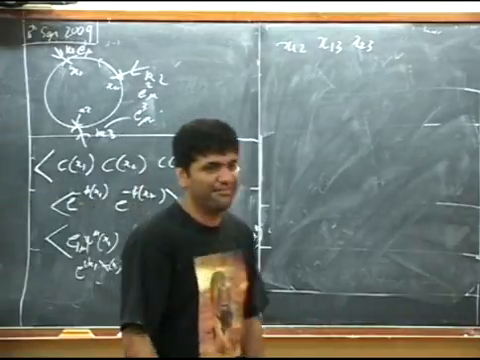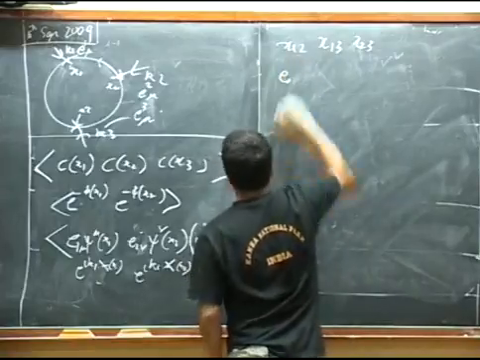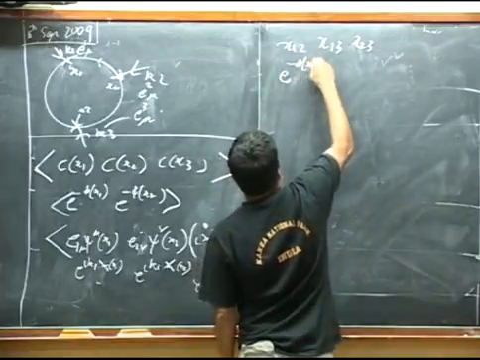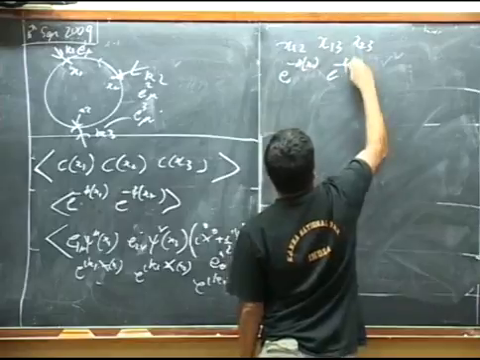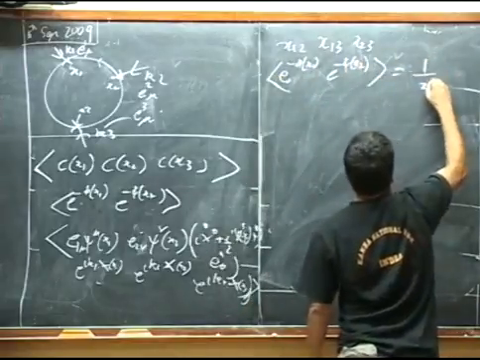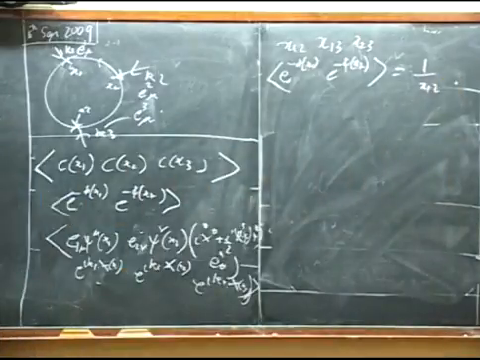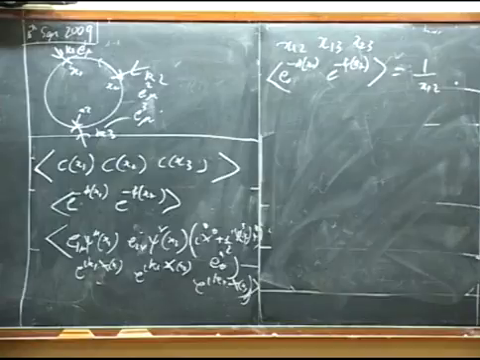Then translation invariance says you have to be... So, e to the power minus phi of x1, e to the power minus phi of x2, this is equal to 1 over x12. Now, you can invert both sides.